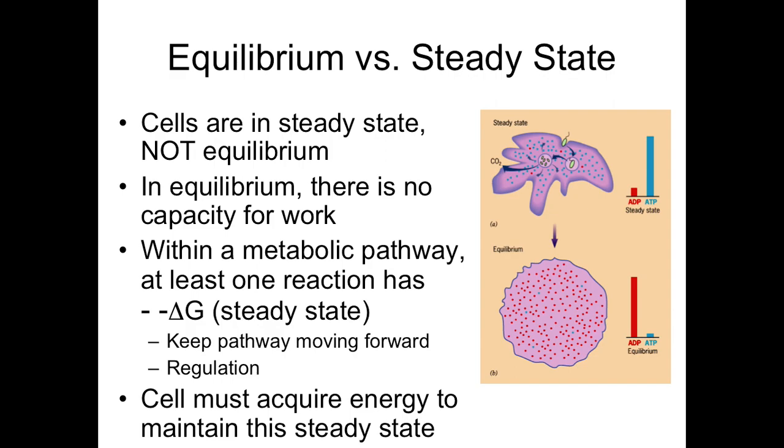And so instead of being at equilibrium, cells maintain what's known as a steady state. They keep certain molecules at specific concentrations, such as we talked about, ATP concentrations are kept very high, while ADP concentrations are kept very low.